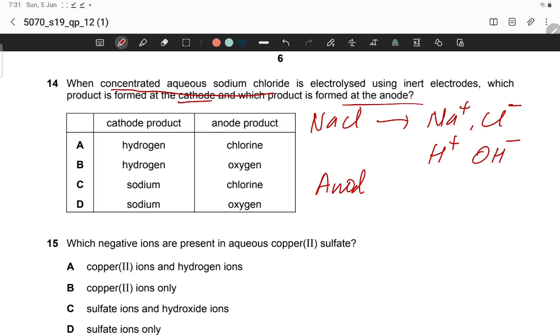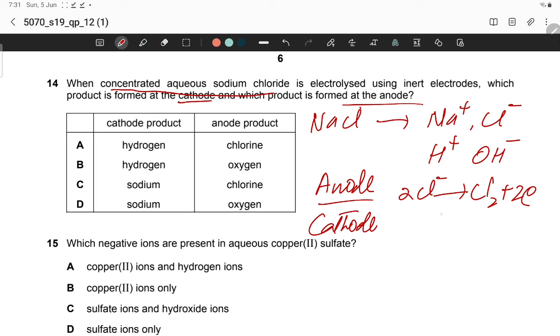Anode: 2Cl negative to form Cl2 plus 2 electrons. Cathode: 2H positive plus 2 electrons to form H2 gas. Anode product is chlorine gas, and cathode product will be hydrogen. Option is A.